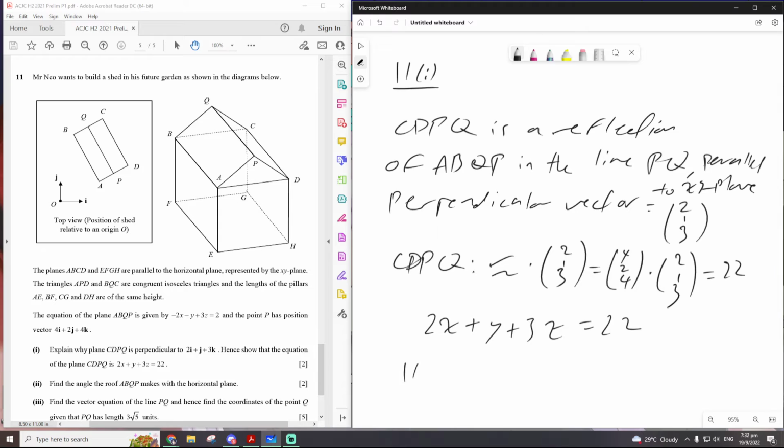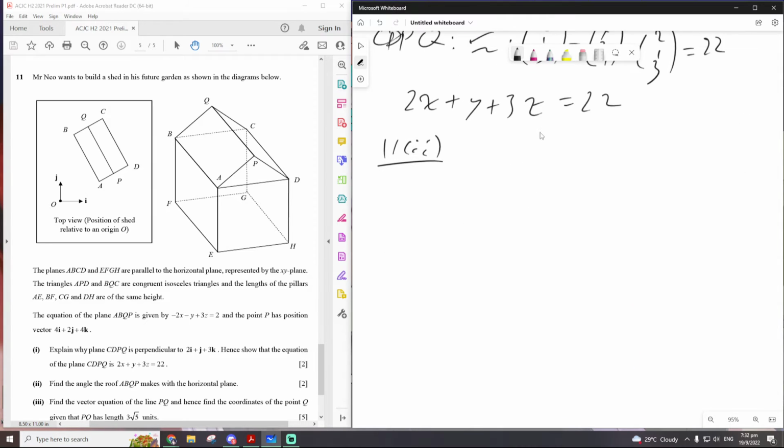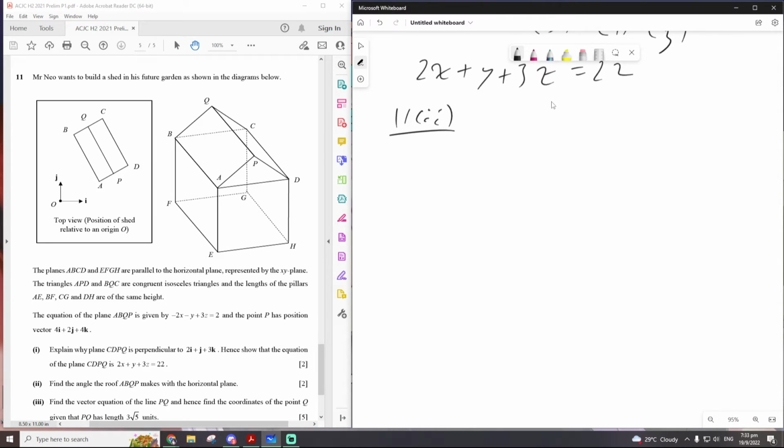Okay, 11 part 2. Find the angle the roof ABQP makes with the horizontal plane. Okay, angle between two planes. This is actually very simple because one of the planes is literally the XY plane. The standard approach is to let the angle be theta.